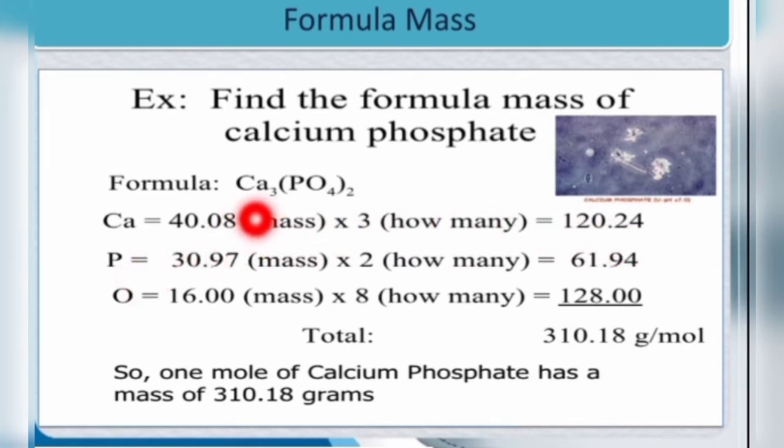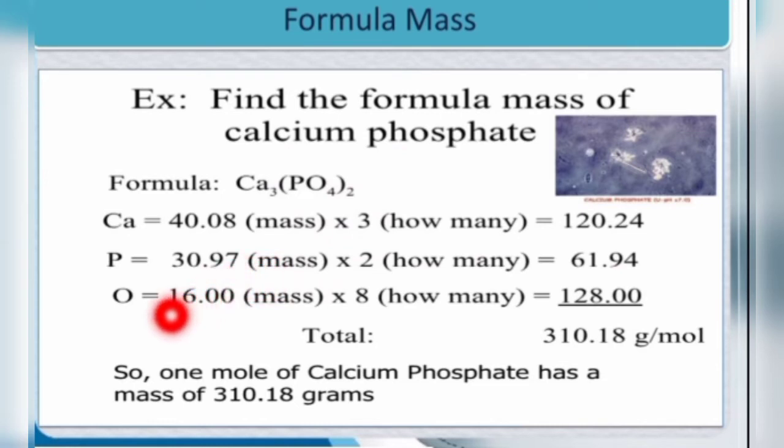Phosphorus, in the compound calcium phosphate, total 2 phosphorus are present. So simple, we multiply the value of 2 with, yes, the atomic mass of phosphorus, which is 30.96. 30.96 multiplied by 2 and we will get the answer 61.94. Last, oxygen. Total 8 oxygen are present in the formula of calcium phosphate.